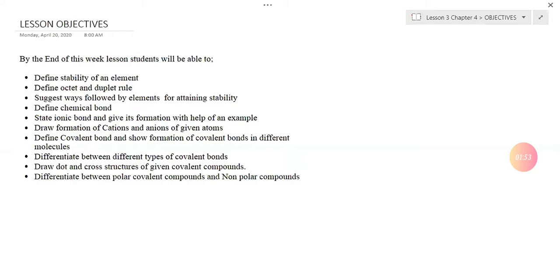Last but not the least, differentiate between polar covalent compounds and non-polar covalent compounds.